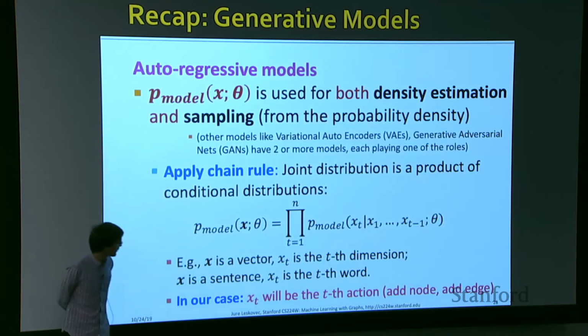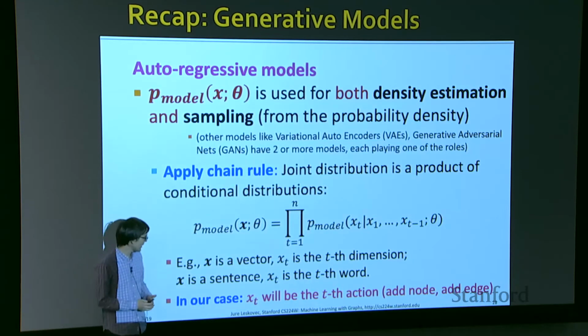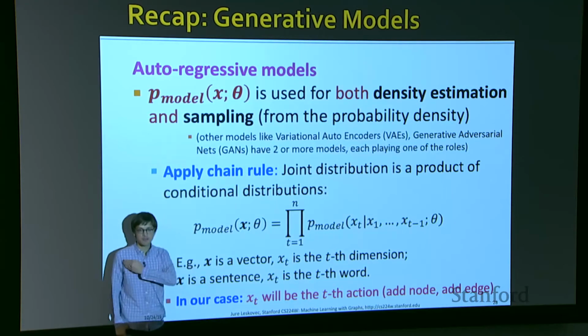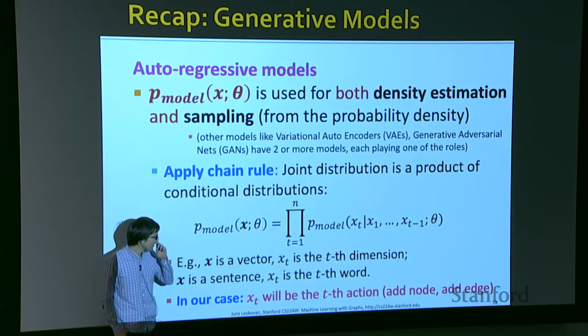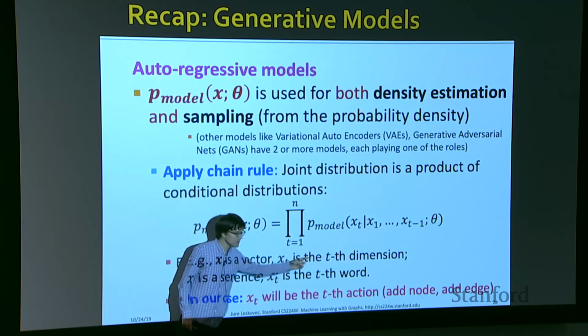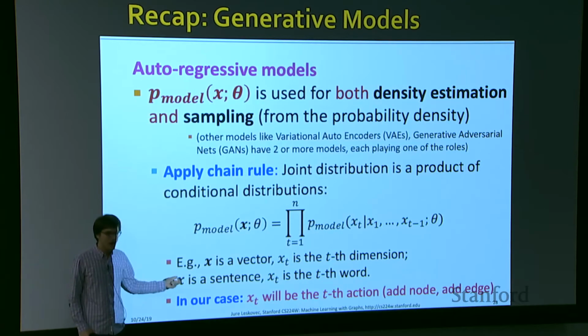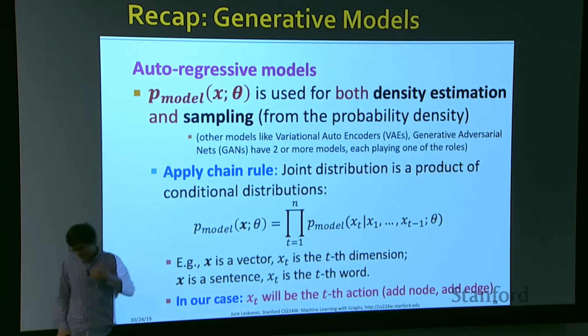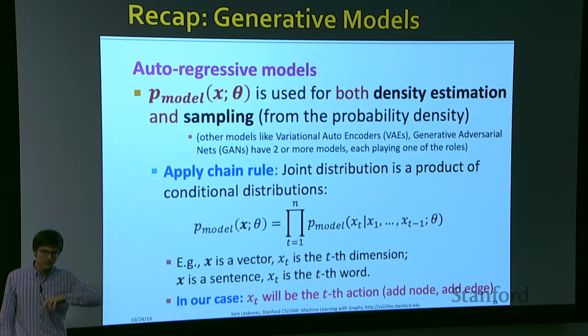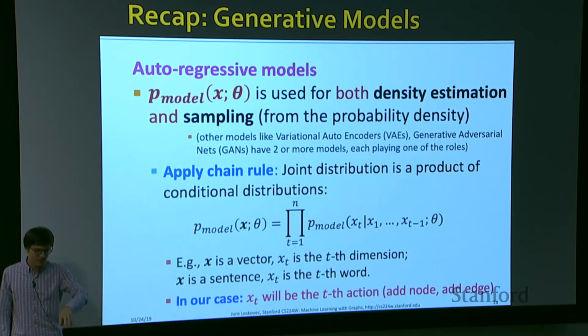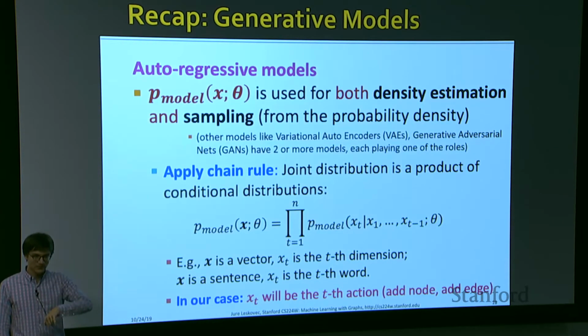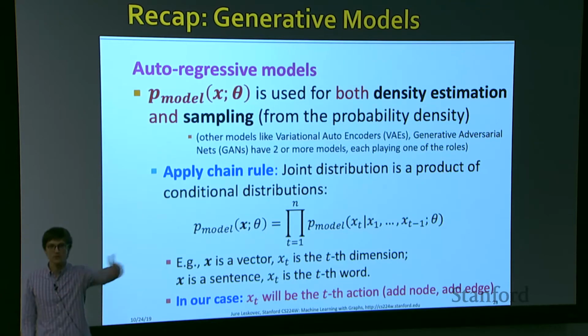So for example, the way you could think about it is if x is a vector, then I could say x_t is the t-th dimension of that vector. So how do I generate the vector? First I generate the first component. Based on what the first component is, I generate the second one. Based on what the first two are, I generate the third one, and so on.